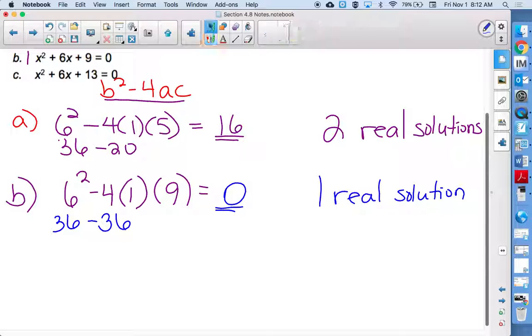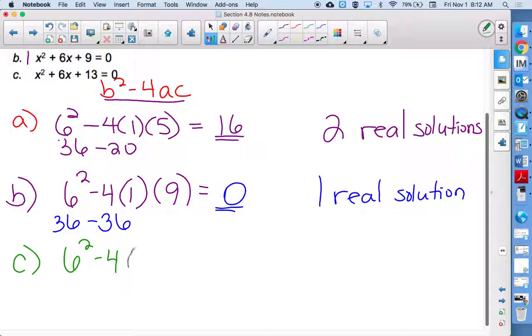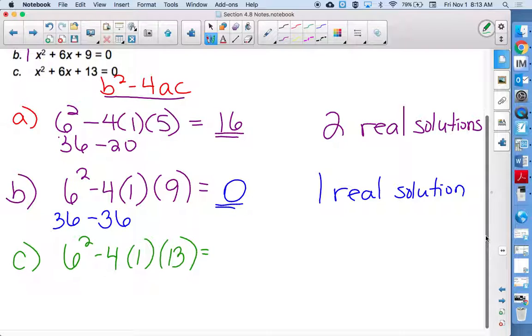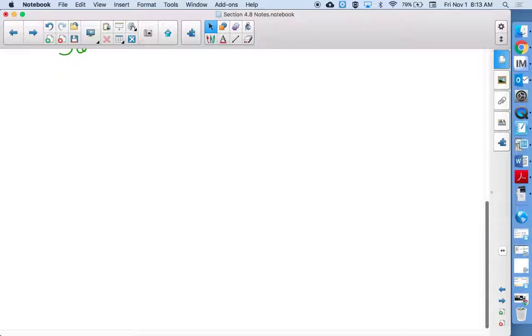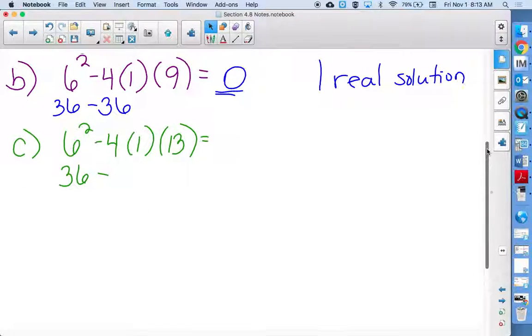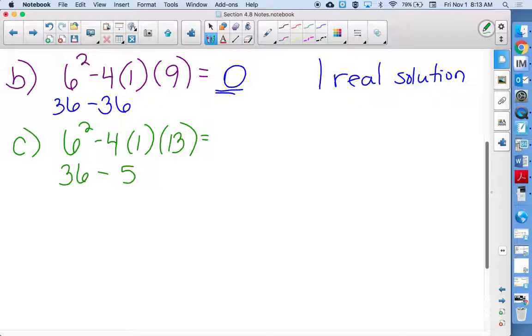And then the third option, again, keeping A and B the same, just changing the C term, 6 squared minus 4 times 1, and then times 13. So, Jack, what is 4 times 1 times 13? 52. And 36 minus 52 is?